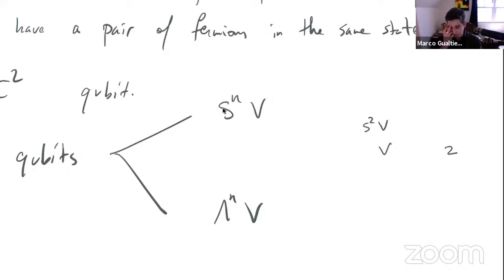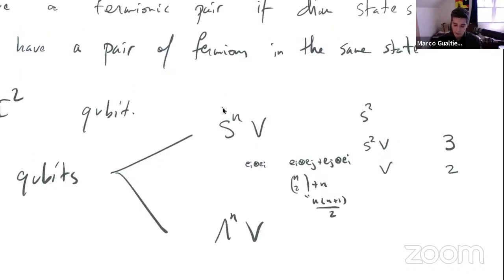What's the easiest way to count them? This would be generated by e_i tensor e_i, or e_i tensor e_j plus e_j tensor e_i. So it's really n choose 2 plus n, which is n(n+1)/2, or in this case, since V is two-dimensional, this would be 3.